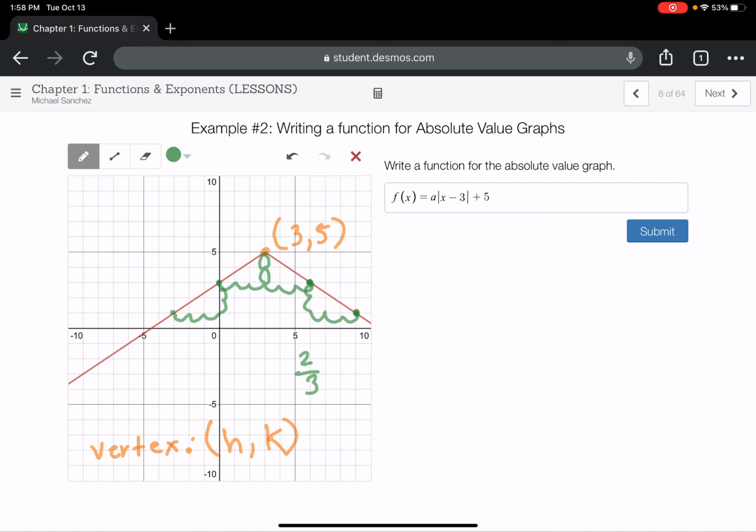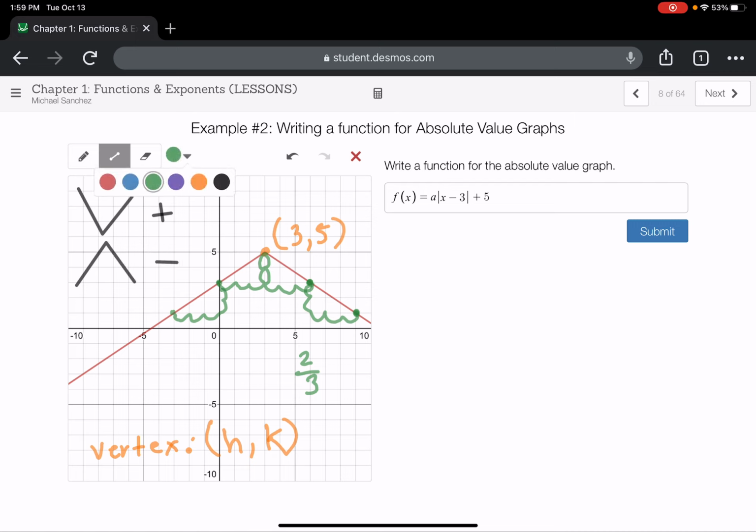Now we just have to determine if this is positive or negative 2 over 3. If our graph was open up like a regular V, that means that a is positive. If our graph, like this case, is open down, upside down V, then that means that a is negative.